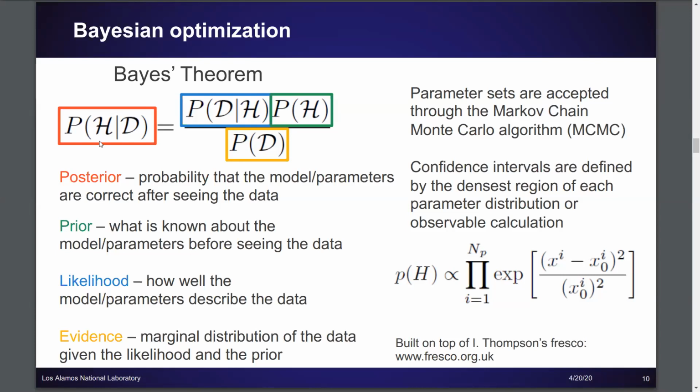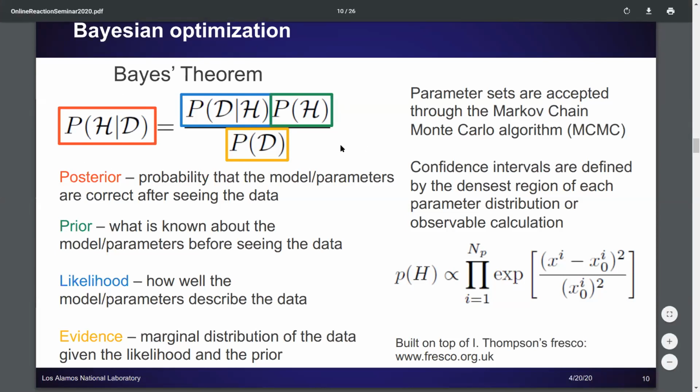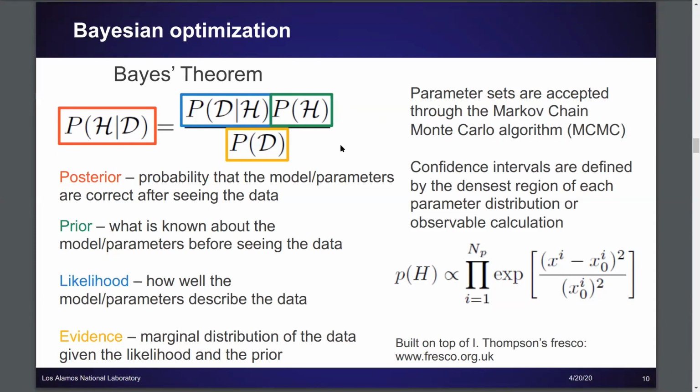Bayes' theorem is given here at the top with these lovely colored boxes to show the different parts of it. What you want to calculate is the posterior distribution, which is the probability that the model or your parameters are correct after seeing the data. What goes into it is, in green here, the prior distribution, what you know about your model or your parameters before you've seen the data.